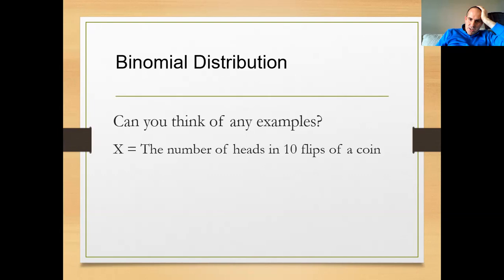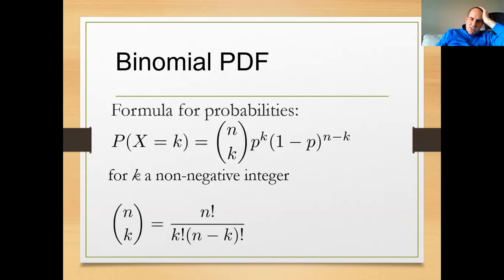Here's one. X is equal to the number of heads in 10 flips of a coin. We already talked about why that's an example of a binomial distribution. And here is the formula for this thing. It might look a little bit mysterious, but it shouldn't if you remember what we did in the case of the coin flipping problem.